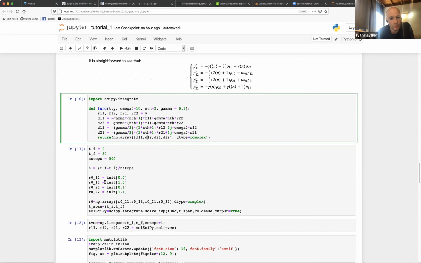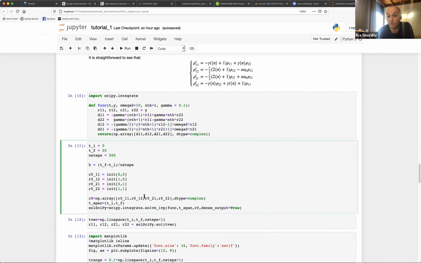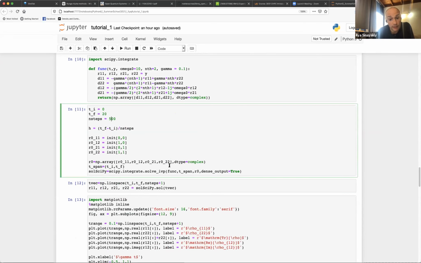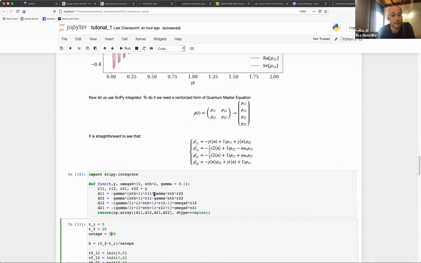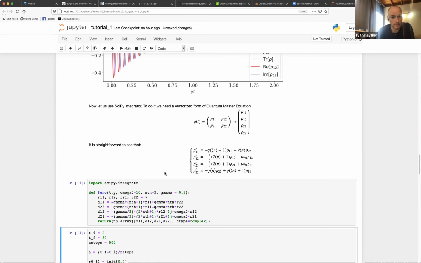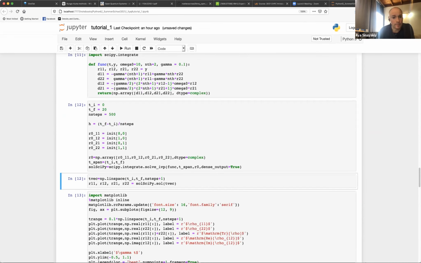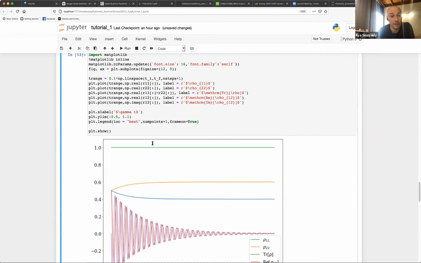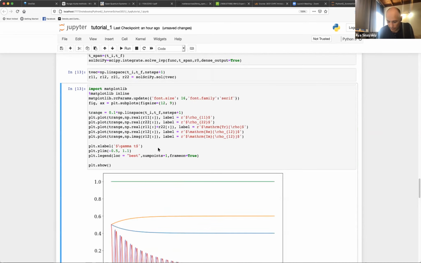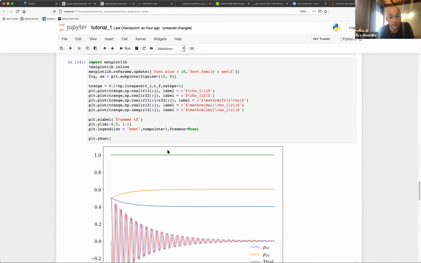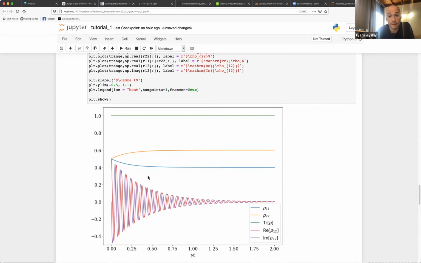So now we substitute the same initial time, final time, number of steps for consistency, and initial condition. Oops, I don't think I ran this. Yeah, so we form a vector, we get a solution, and we can again plot it, but as you see, it looks identically the same.